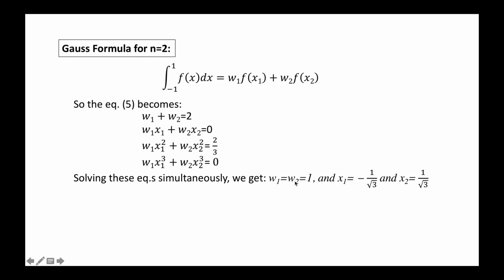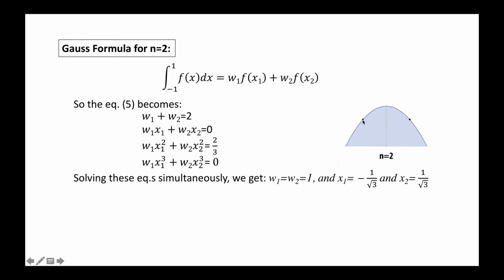We get w1 is equal to w2 is equal to 1, and x1 is equal to minus 1 by root 3, and x2 is equal to plus 1 by root 3. So considering n is equal to 2 is equivalent to what is shown in this figure: we have this origin, and this x1 negative value is on this side, the function has this value at this x1, and x2 is on the positive side, plus 1 by square root of 3.